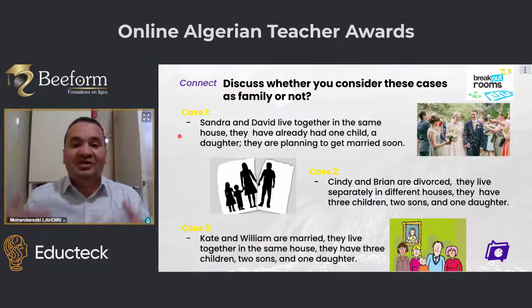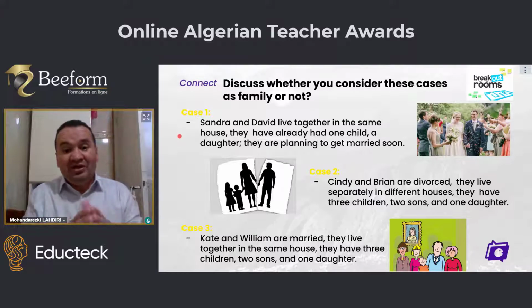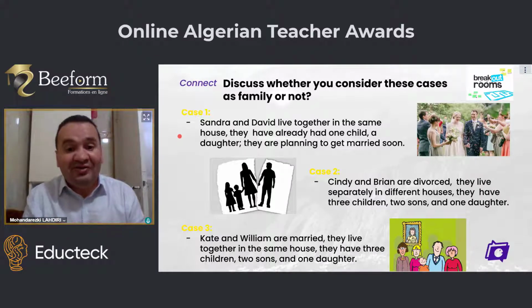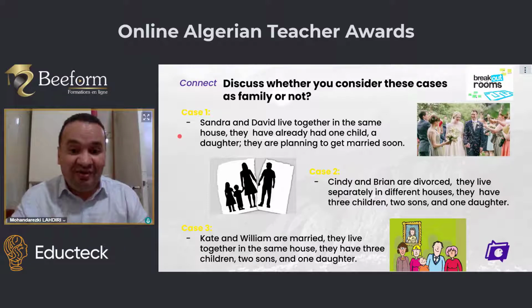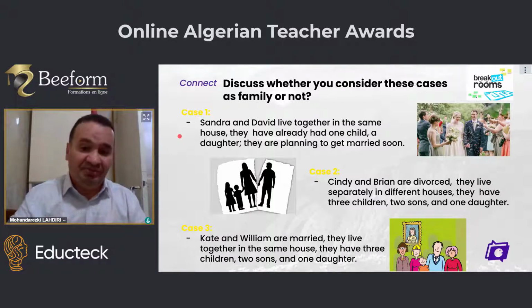We get married first and then we have children afterward. And then you say, here, they are not married. Therefore, it's not a family because marriage for you is one of the elements that is required to form or to found a family.